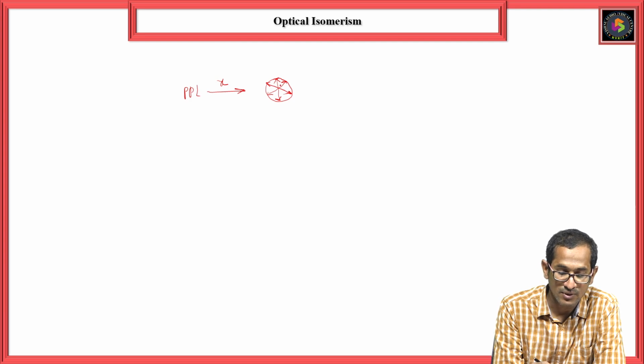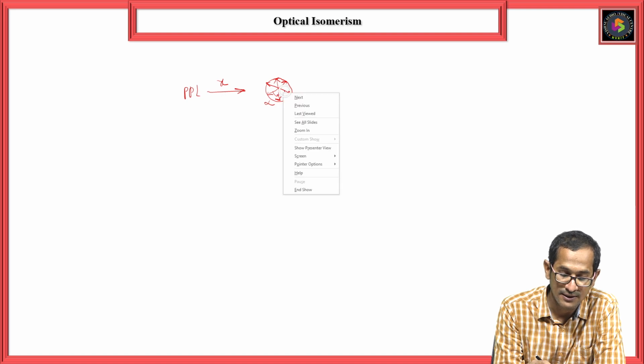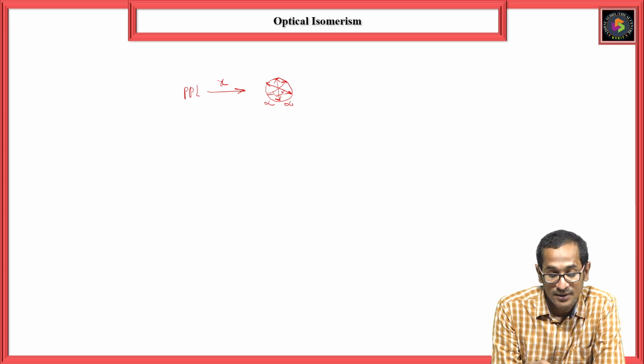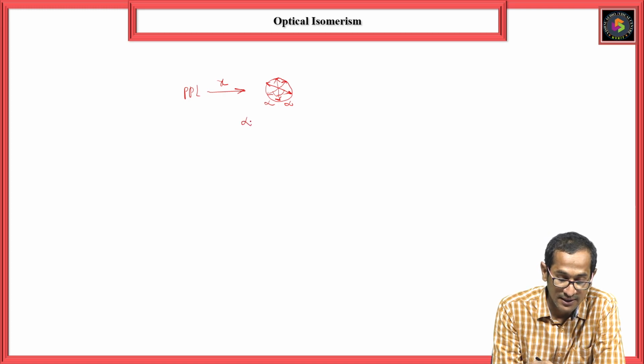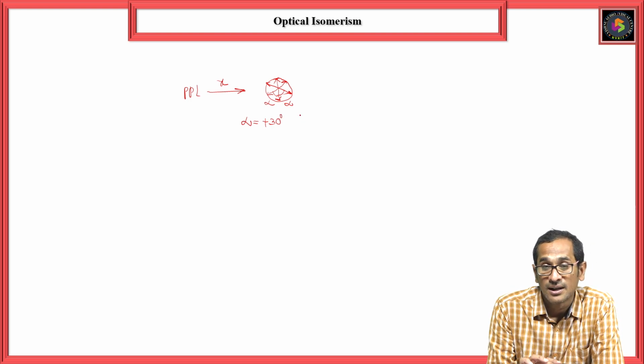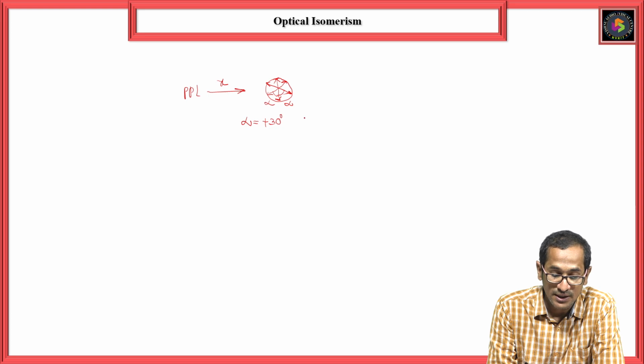In the first case, the angle is alpha. The second case also, the angle is alpha. Because in the first case, the PPL light is rotated toward the right side. Let's say alpha is equal to plus 30 degrees. In the second case, the PPL light is rotated towards the left side, and alpha is minus 30 degrees.